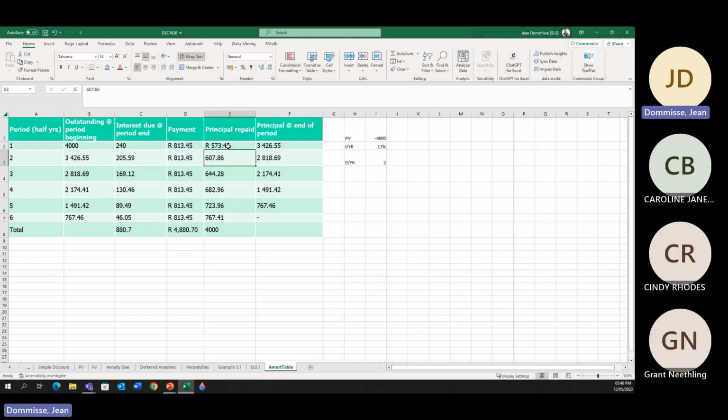So the principal repaid is the payment minus the interest, and then your principal at the end of a period is basically what was at the beginning minus your principal repaid. Okay, so now that will be your new principal or outstanding amount.